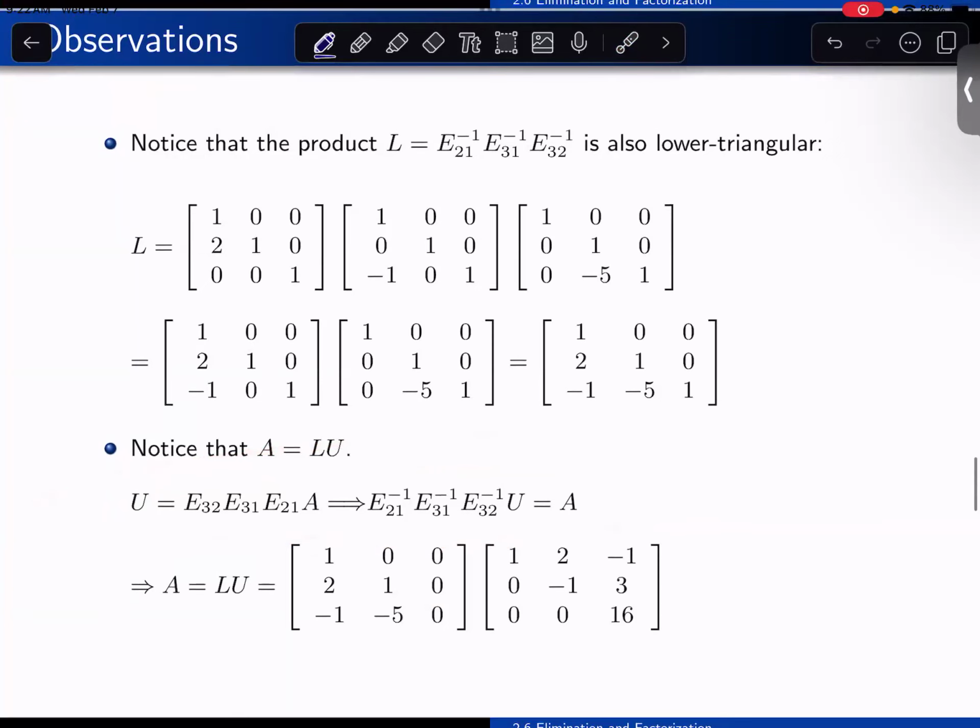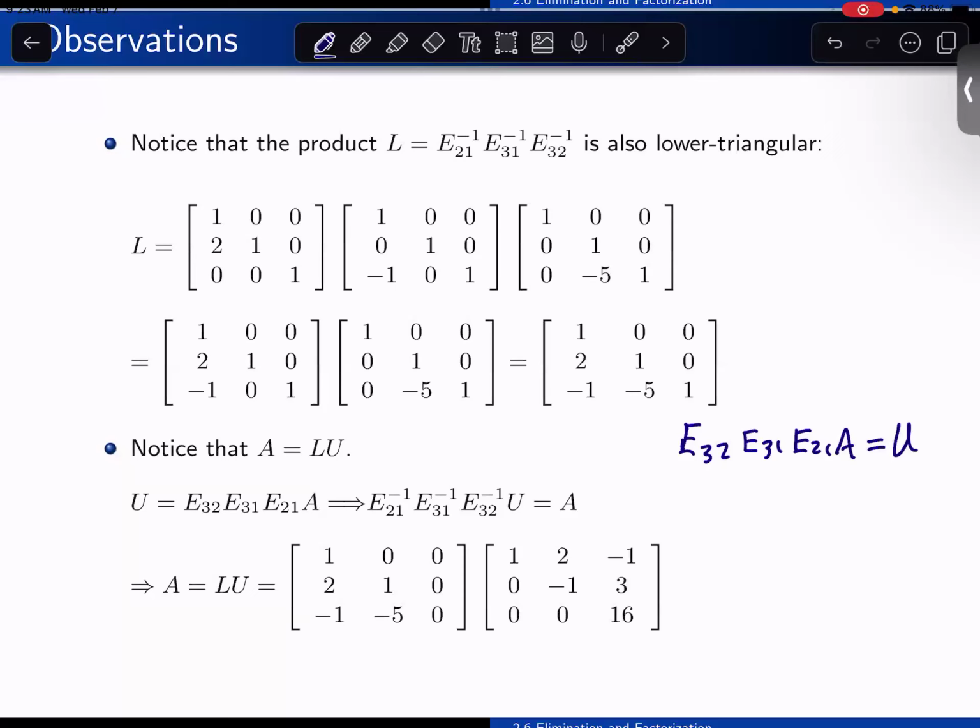But what we were able to determine from before is that we had E32 times E31 times E21 times A equal to an upper triangular matrix, this upper triangular matrix right here.